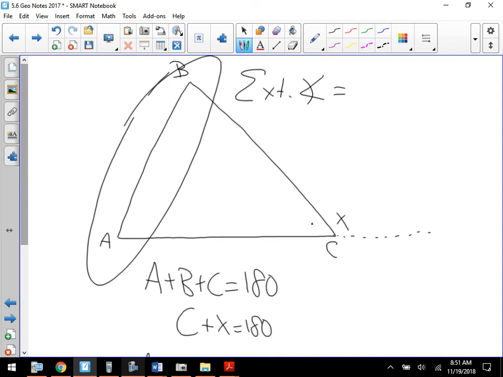What does sum mean? Two angles it does not touch. The exterior angle equals the sum of the two angles it doesn't touch. Super, super simple.